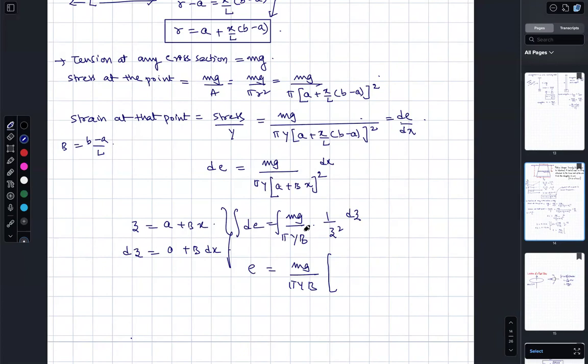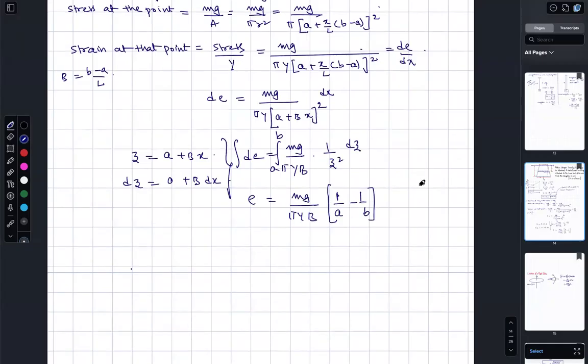When x is equal to 0, z is equal to A. When x is equal to L, z is equal to B. Therefore, you will get 1 by A minus 1 by B. So that's the elongation: mg by pi Y b times (1 by A minus 1 by B), where b is (B minus A) by L, and this is (B minus A) by AB.